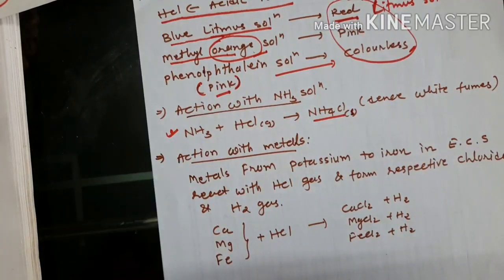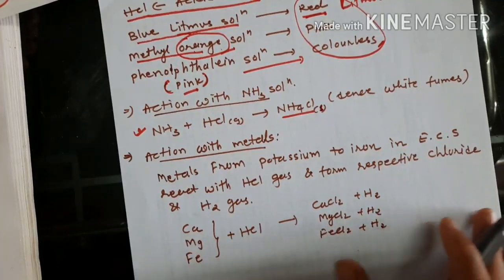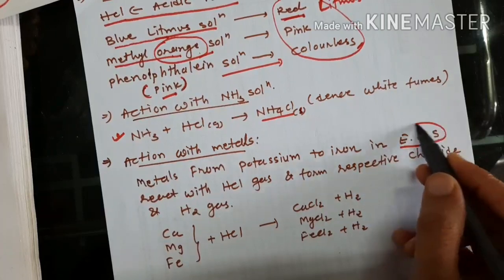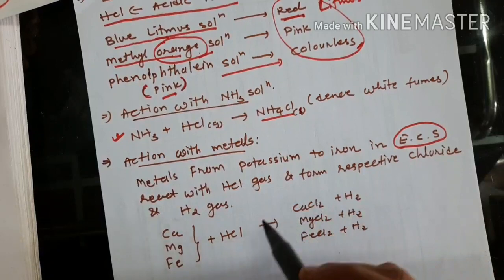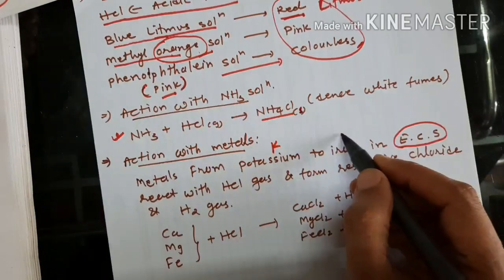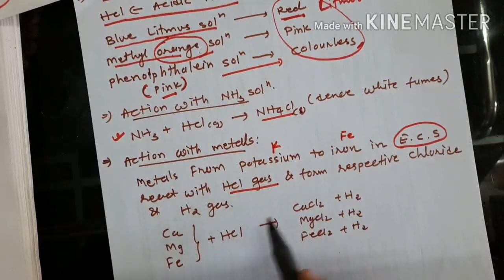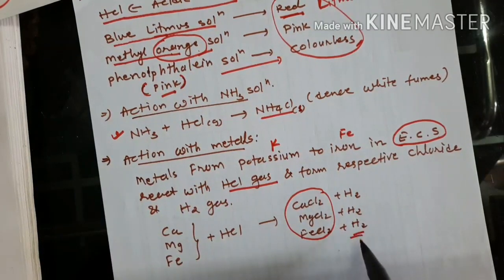Now the action with metal. The highly reactive metals, the reactivity series we learned, or in electrochemistry you will learn the electrochemical series. In the electrochemical series, the metals from potassium to iron can react with HCl and form the respective chloride and hydrogen gas.